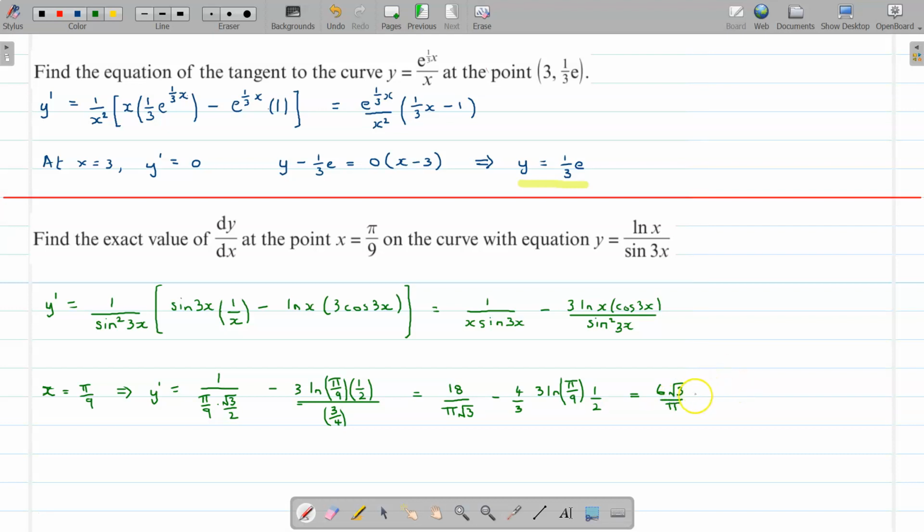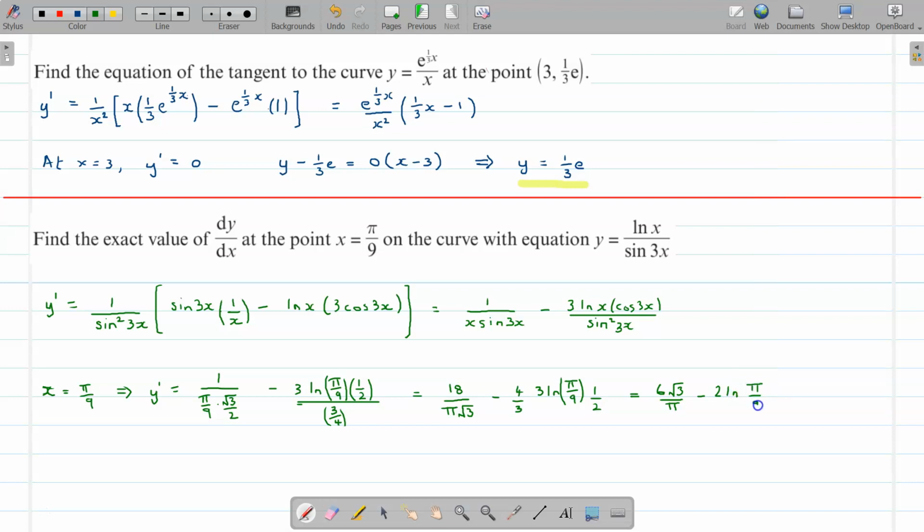And then we've got to take away from that, well, we're going to be left with 2 log pi by 9 if you tidy up all those fractions. 2 times the natural log of pi by 9.